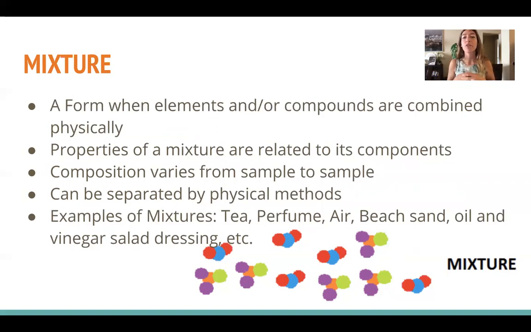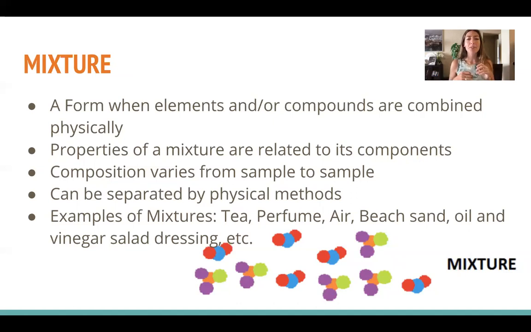Properties of a mixture are related to its components. So they take on some of the properties from what they are made of. The composition varies from sample to sample. There's not so much consistency in a mixture, and they can be separated by physical methods. They are combined physically and they can be broken up physically as well.